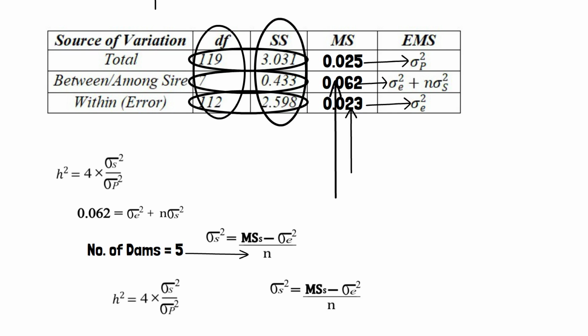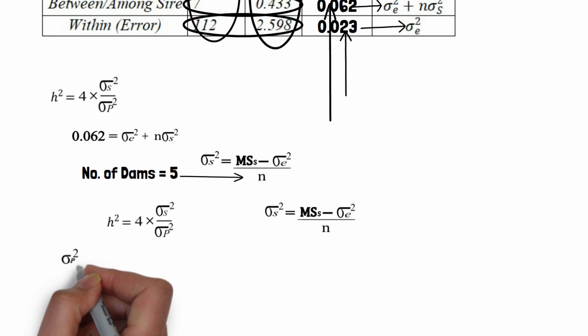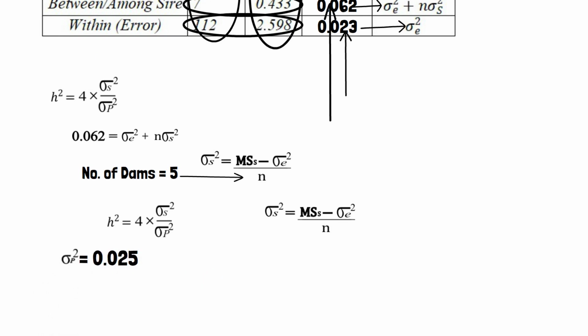Mean square sire minus the mean square error, which is the error variance, divided by n. From the table, sigma square p, phenotypic variance, equals 0.025.